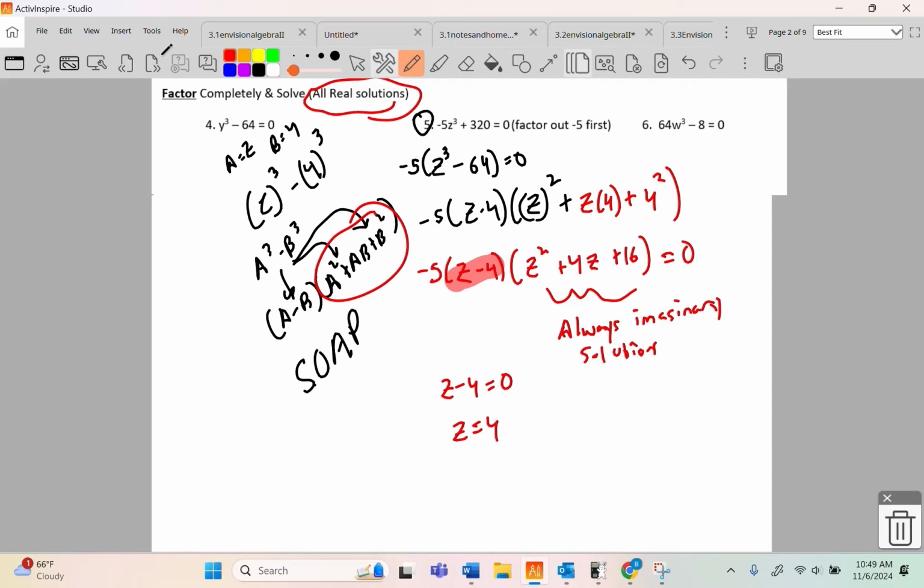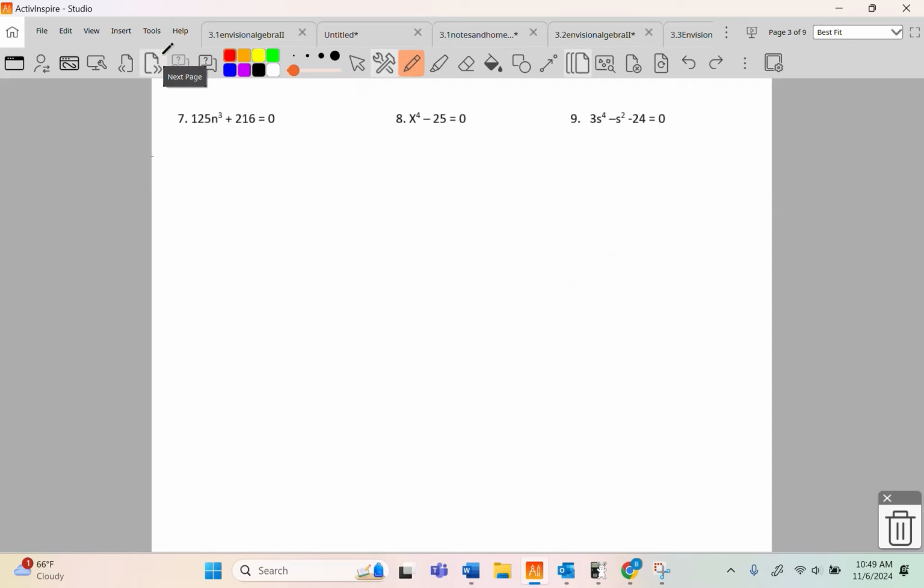All right, there's 5. I'll do this one because it's a sum pattern. So I happen to know that 5n cubed is 125n cubed. So A is 5n. I know that's going to be hard for some kids.